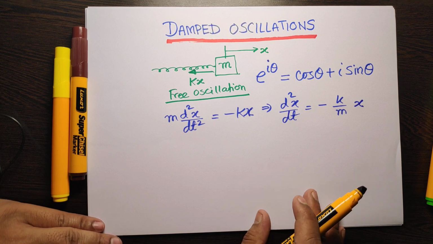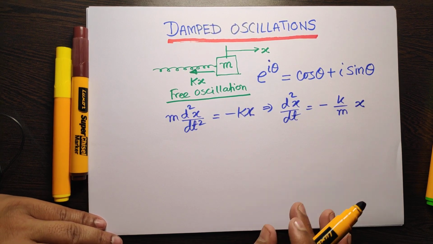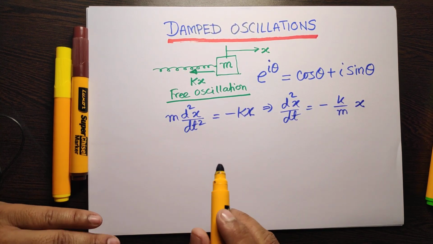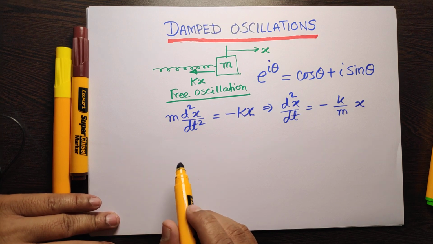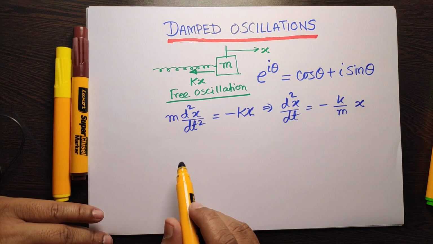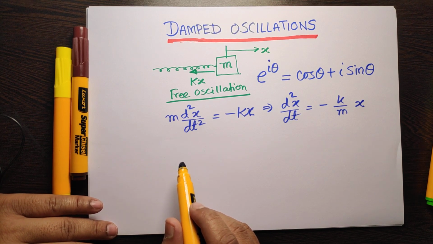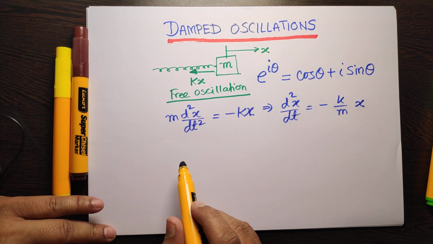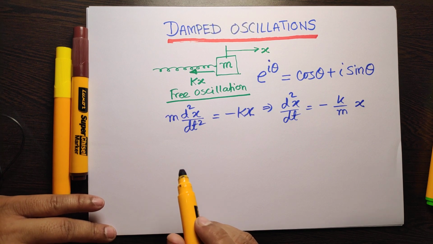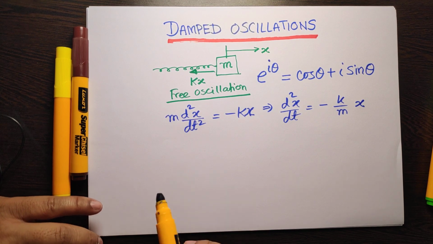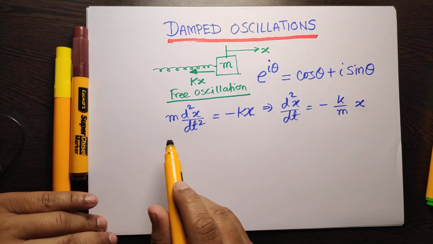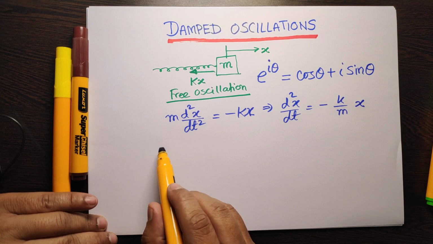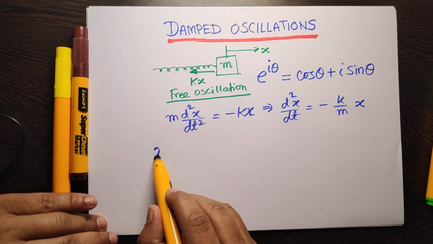Now for solving this we will assume a trial solution. For solving differential equations we solve with a trial solution. Basically the derivation we are doing is not required for high school level physics, but still it is worth knowing.